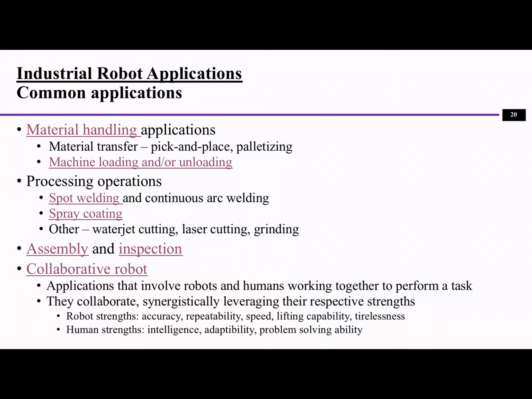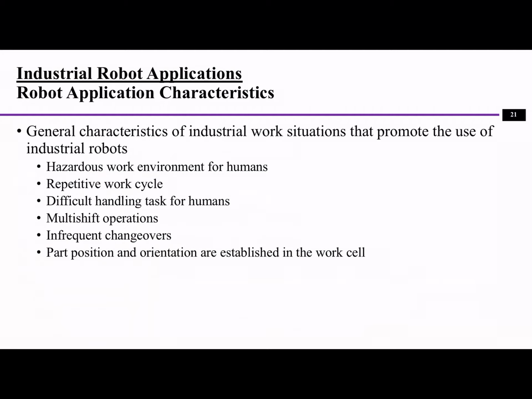All right, so the reason sometimes we have to do this collaborative operation is because humans have some advantages, like being more intelligent, and also having higher adaptability and problem solving abilities. These are things machines just do not have.